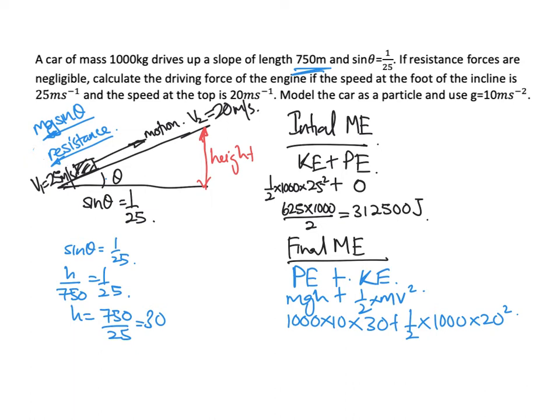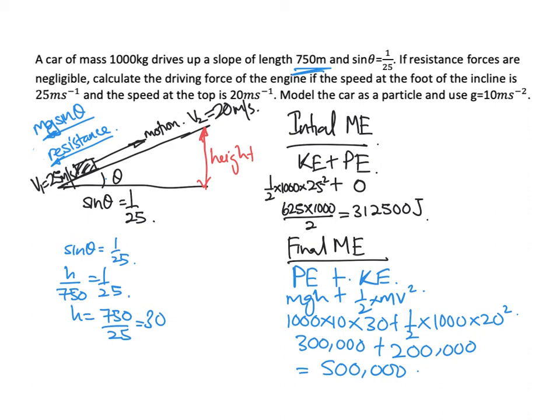So we add all this. 10,000 times 30 is 300,000, plus half times 1000 times 400, which is 200,000. Adding them, the answer is 500,000. So that's our final ME.